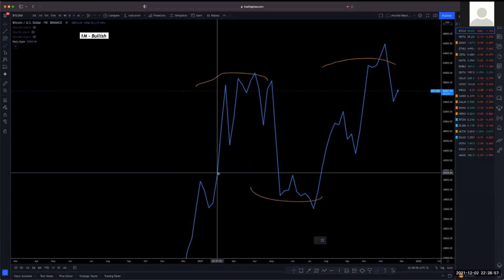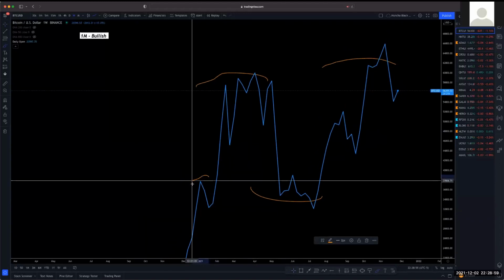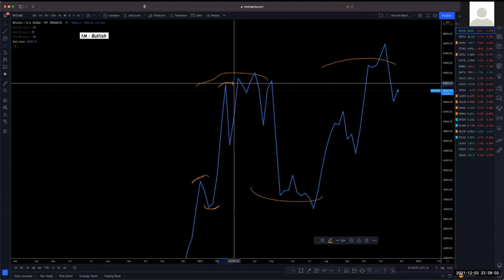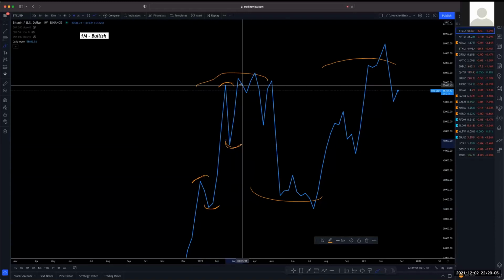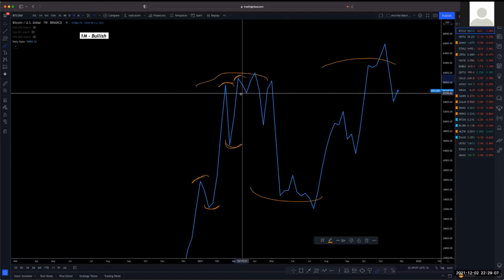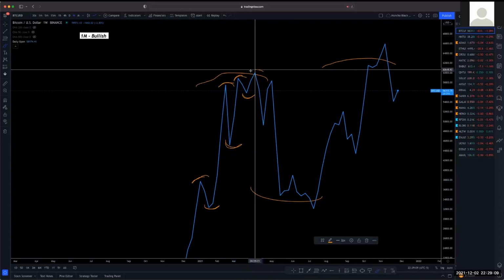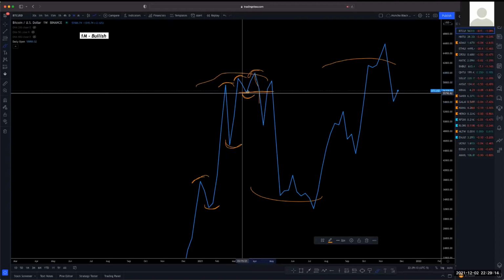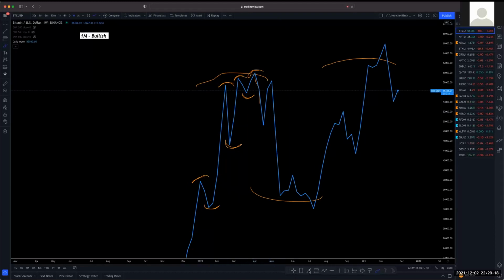So as you guys can see, on a weekly perspective, we created a new higher high, higher low, a higher high, a higher low, a higher high, a higher low, and a higher high that then broke that previous low. This is an example of what we call a break of structure.